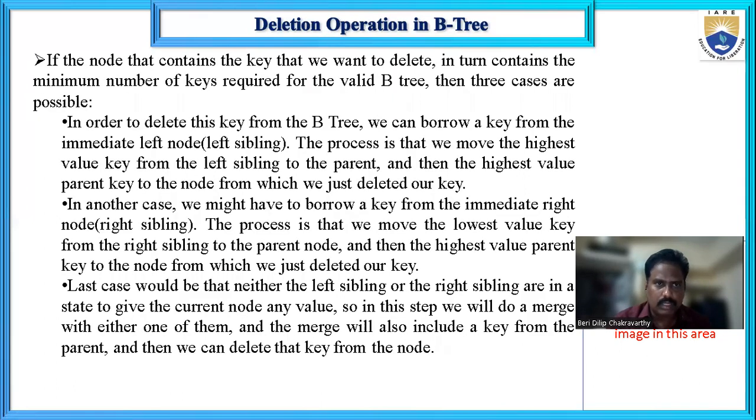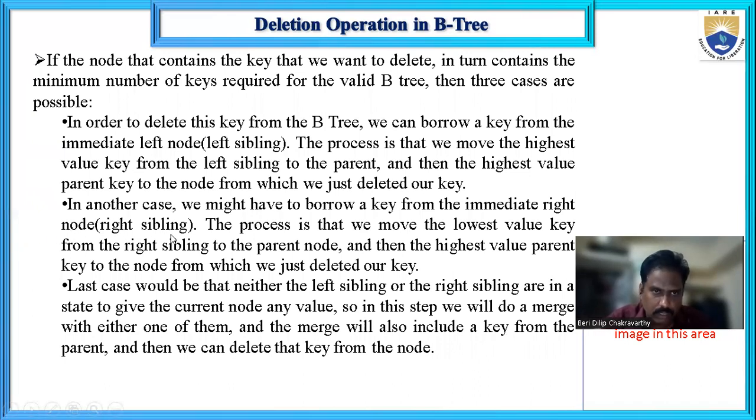Now, if the node that contains the key that we want to delete contains only the minimum number of keys, and deleting it would violate the minimum, then there are three cases possible. One is to borrow a key from the immediate left node, or from the immediate right node.